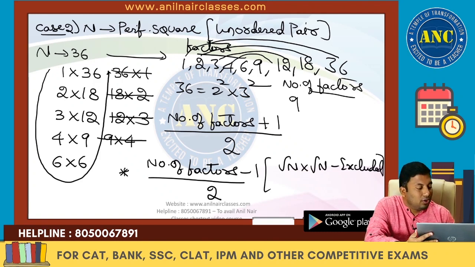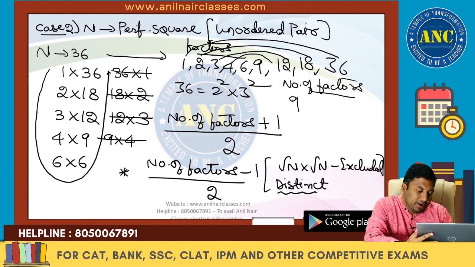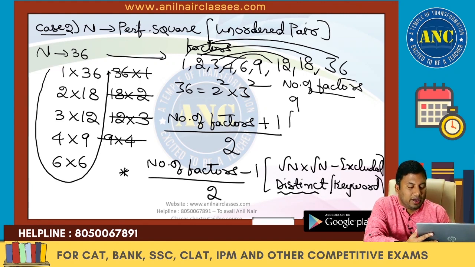When will we exclude it? 4 and 9 are distinct, 3 and 12 are distinct, 2 and 18 are distinct, 1 and 36 are distinct, 6 and 6 is not distinct. If the keyword distinct is there, the answer is (number of factors minus 1) by 2.